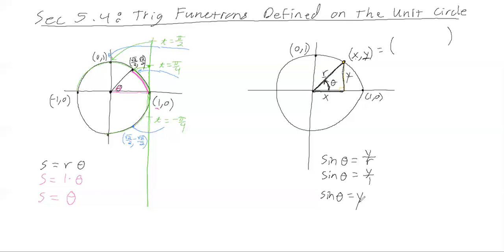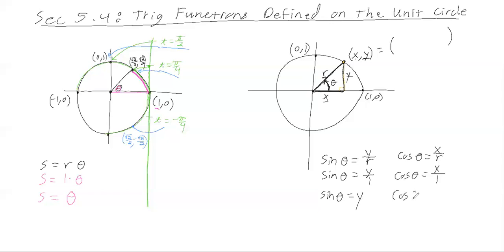How about the cosine of theta? What is the cosine of theta? Well, if we look at this triangle right here, cosine is adjacent over hypotenuse. That's x over r. But we said if we're in a unit circle, the radius is 1 unit long, so r is 1.